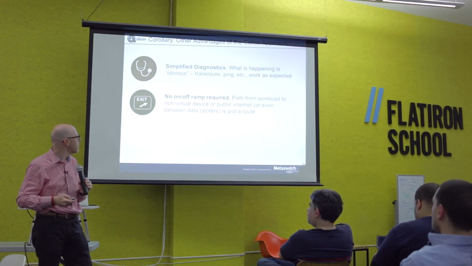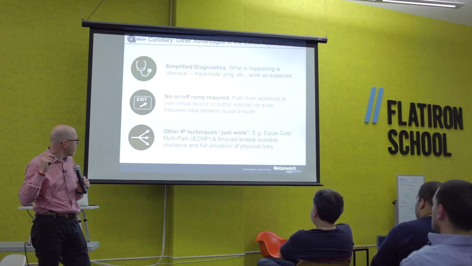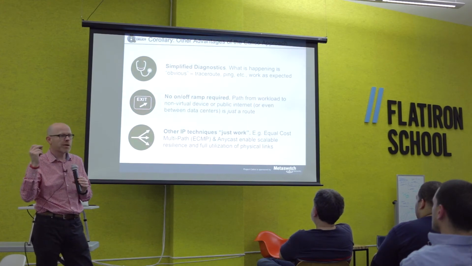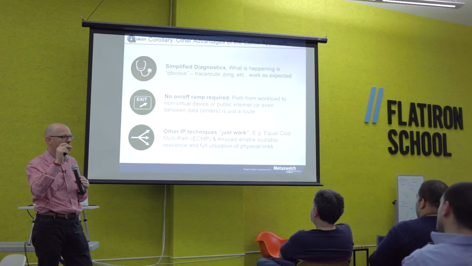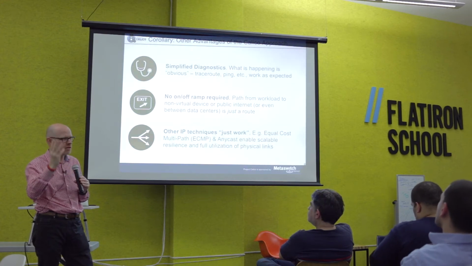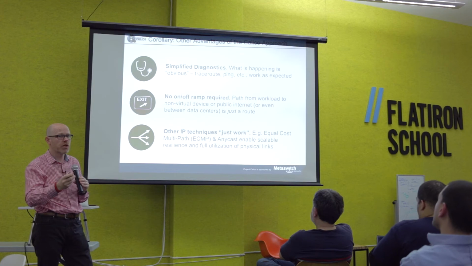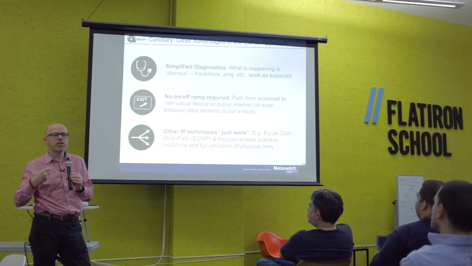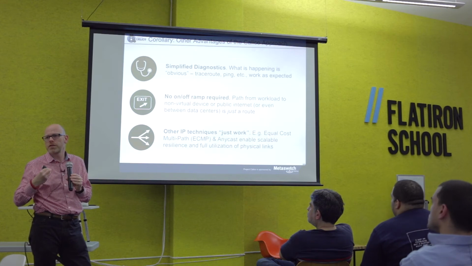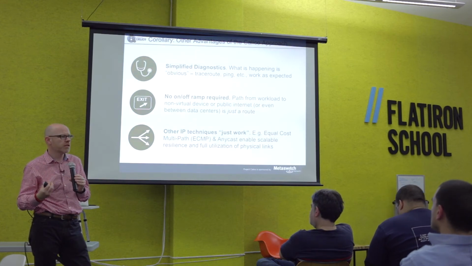No issue with that. And then someone asked about load balancing, right? Yes, you can deploy load balancers and things like that. But one of the nice things that just falls out of this model is that because I'm doing IP routing, we have techniques within IP for doing load balancing.